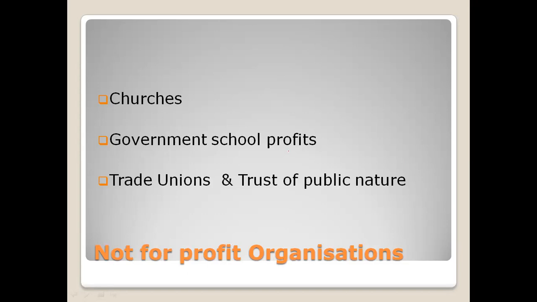Government school profits, let's say a government school like Mbari High School has maybe earned a profit. That profit is tax-free. It's income to Mbari High School, but it's tax-free. Let's say also income or profits from trade unions and trusts of public nature also are tax-free, or in simple terms, according to the taxman, they are exempt income.